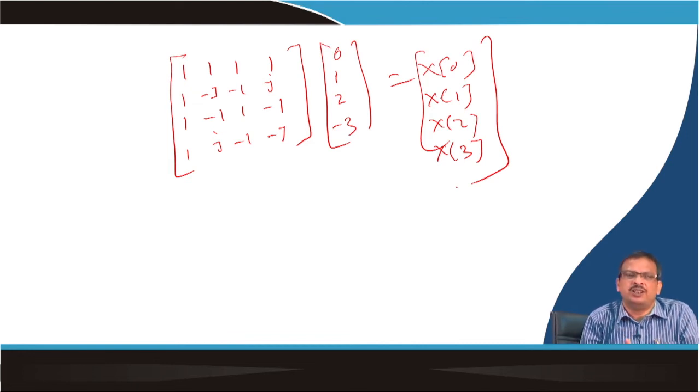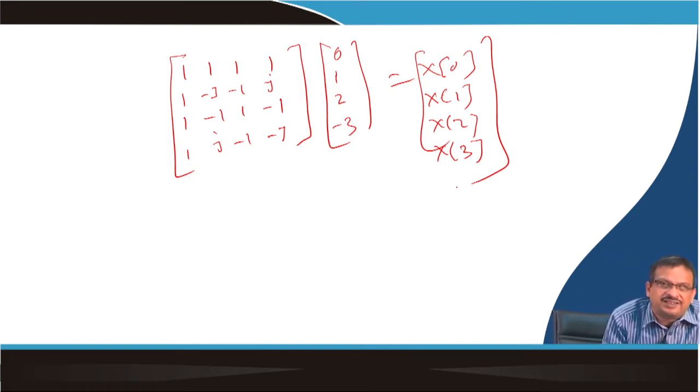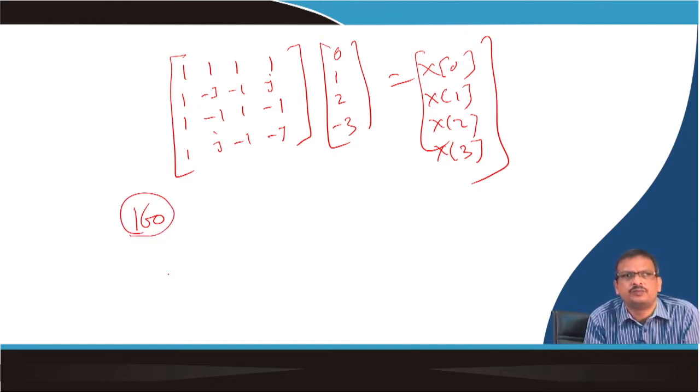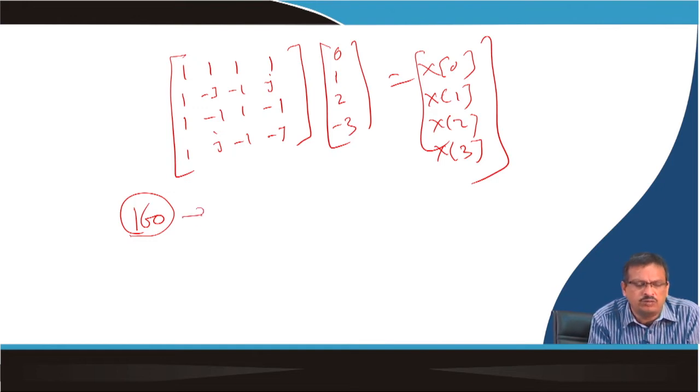This is the calculation. Now suppose you want to implement it, forget about the hand calculation. Let's say I give you a practical example: record an acoustic or audio signal, collect 160 samples, and compute a 256 point DFT.